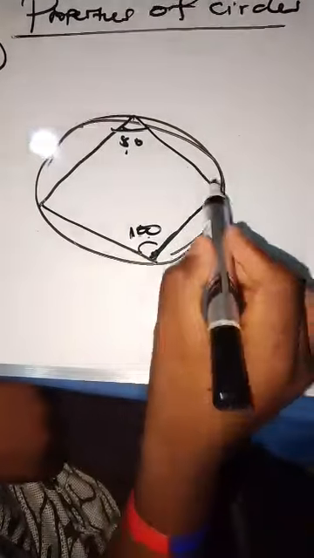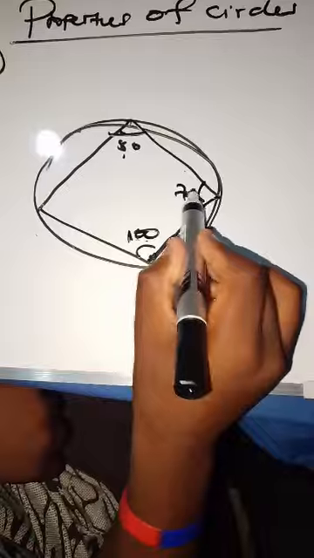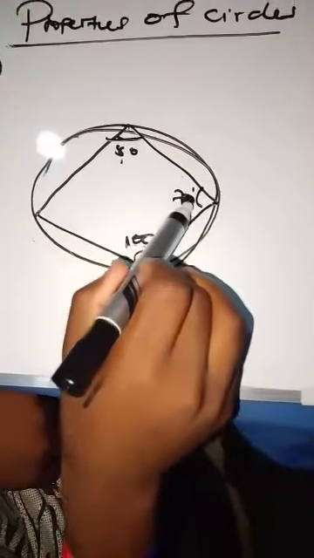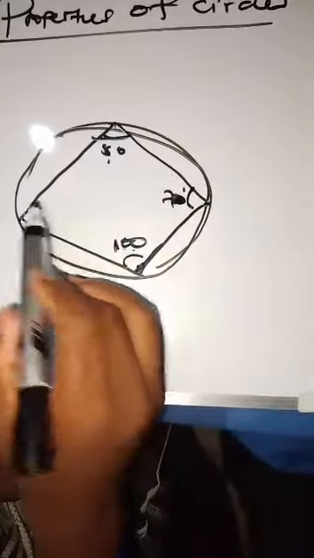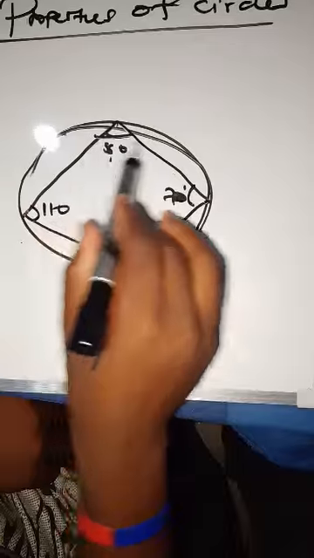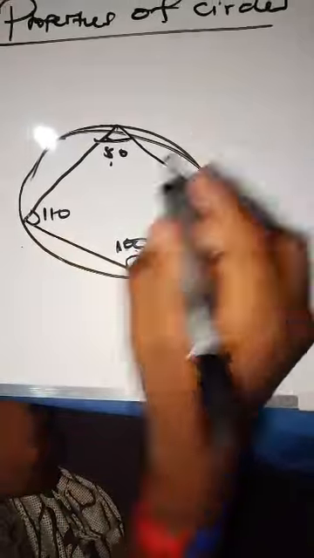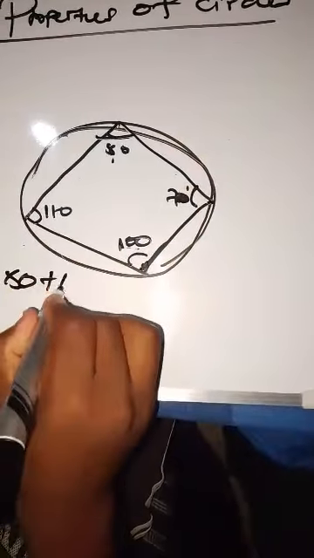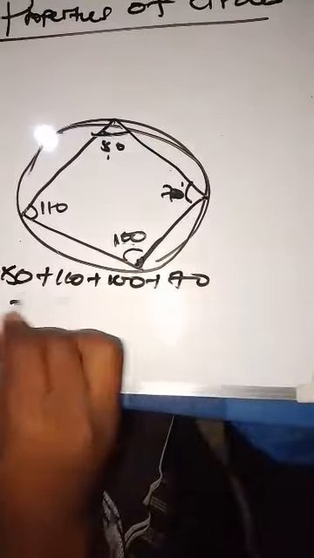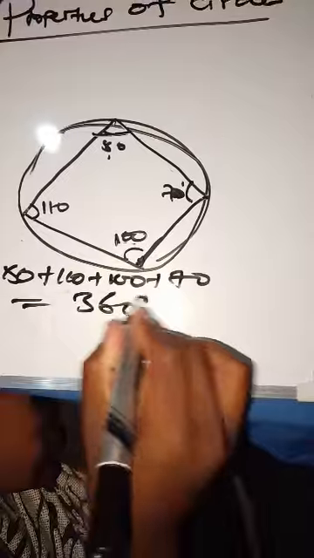Okay, if they tell you this one is 70, you just subtract this 70 from 180. So meaning this one is going to be 110, such that when you add 80 plus 110 plus 100 plus 70, they give you 360.